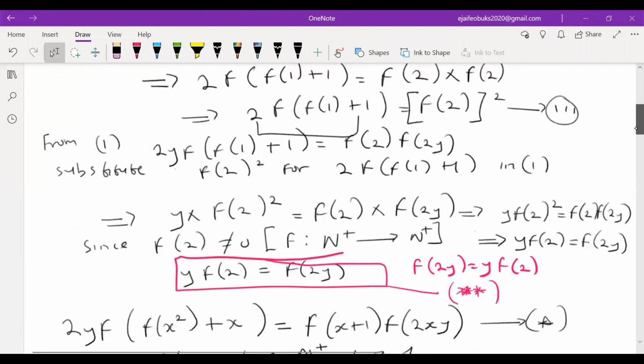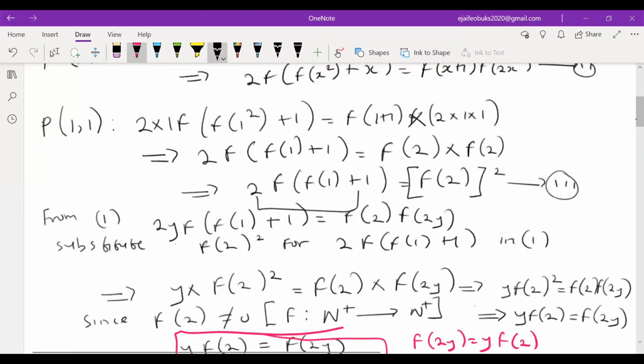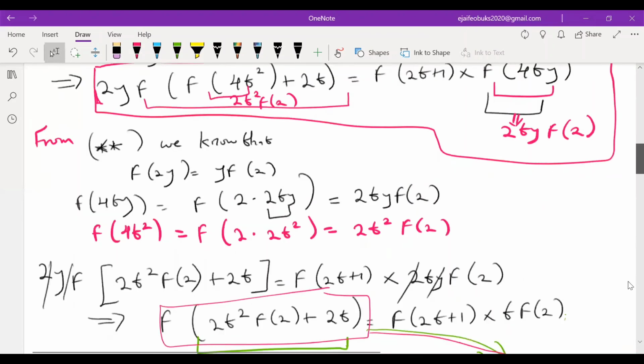We know that we had this, I'm going to use blue for this. We know this is true. We had this at the beginning of the problem, right? So let me bring this down so we can work with this.